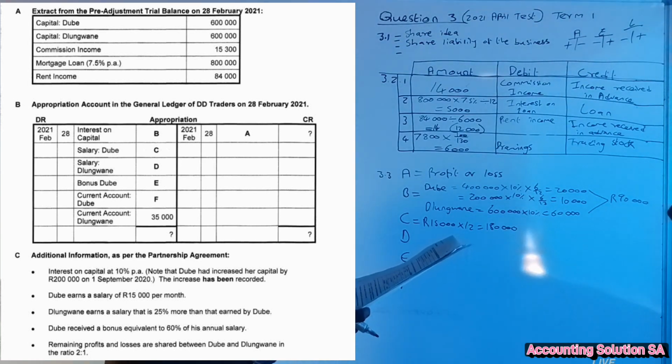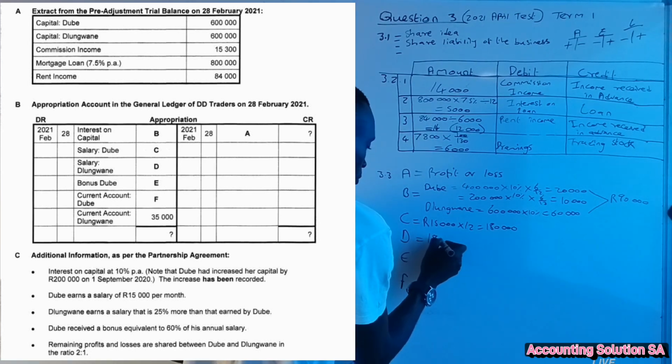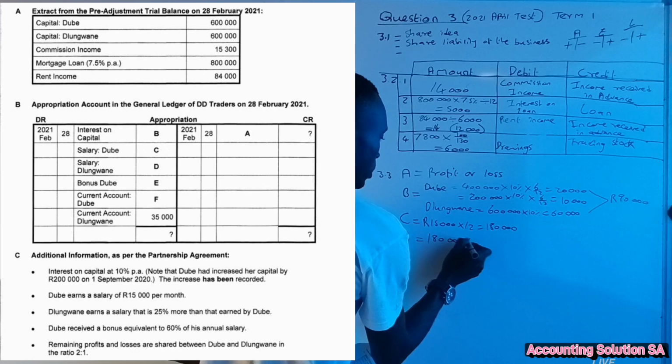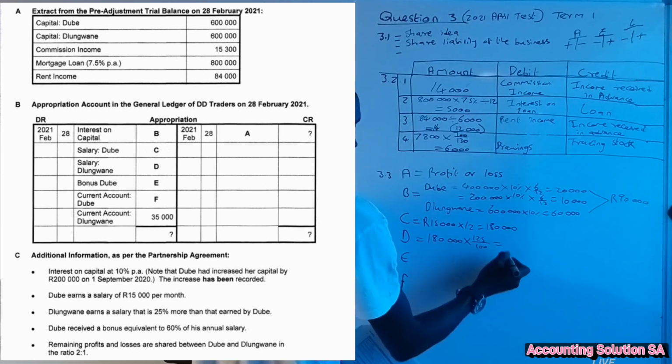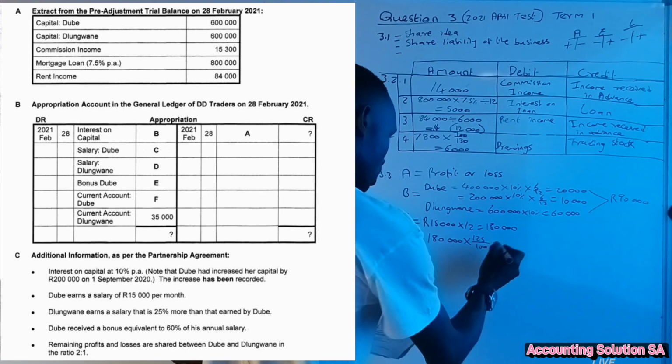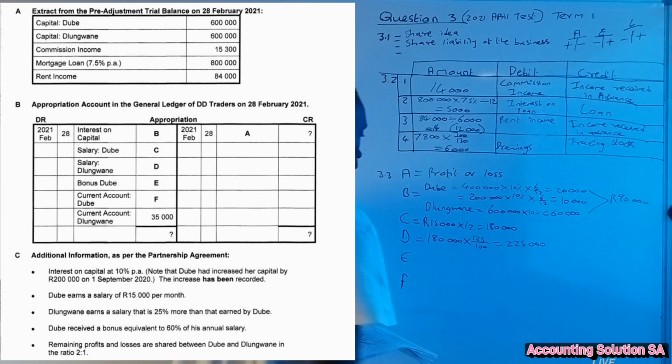They say Hlungwane a salary that is 25% more than earned by Dube. Which means that he earned 180,000 plus 25%, which is going to give us 225,000. Very simple.